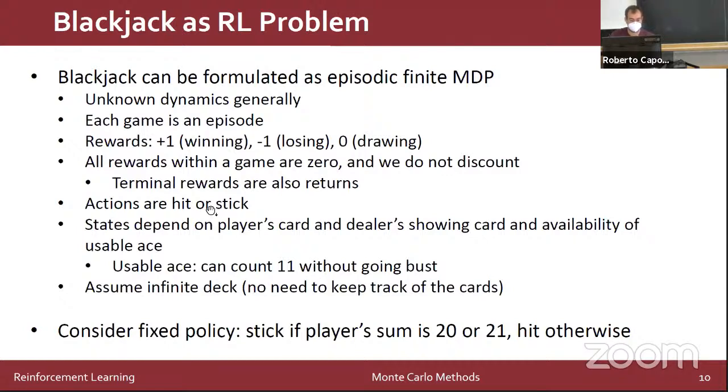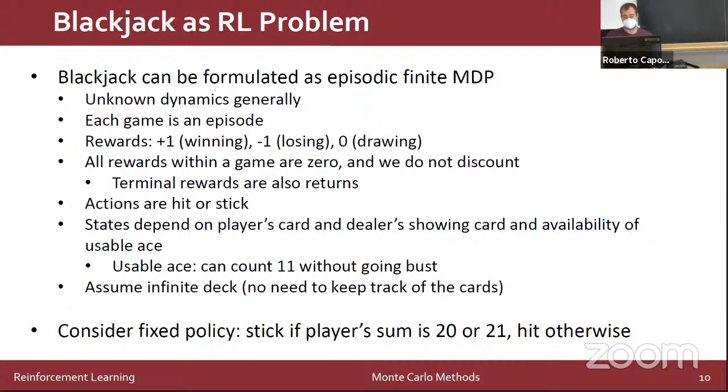Again, the actions are hit or stick. And the states depend on the player's cards. You have a bunch of possible combinations that you can have, and also on the dealer's showing card. Why only on the dealer's showing card and not also on the cards that are hidden? Because we are in a Markov decision process and we want to keep full observability. So we're saying it's fully observable, only what we see.